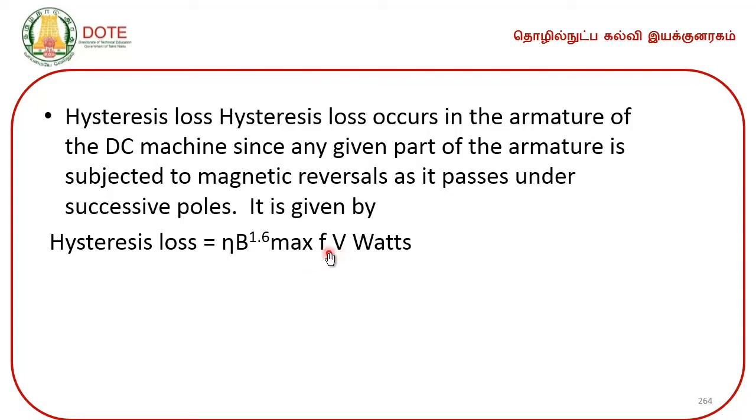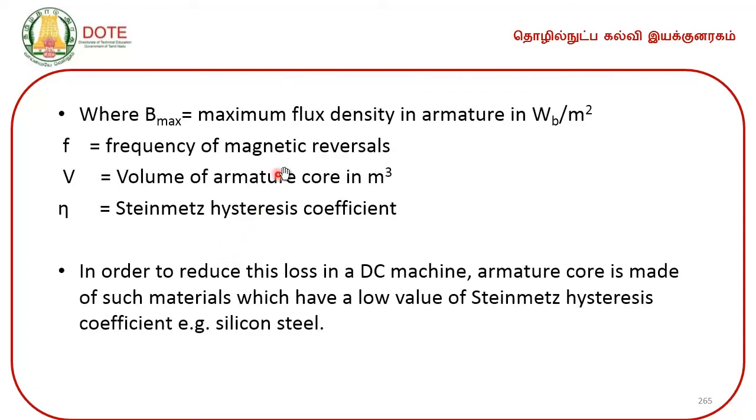Here f is the frequency of magnetic reversals, and eta is the Steinmetz coefficient. You can see B max is the maximum flux density in armature in Weber per meter square, f is the frequency of magnetic reversals, V is the volume of armature core in meter cube, eta is the Steinmetz hysteresis coefficient.